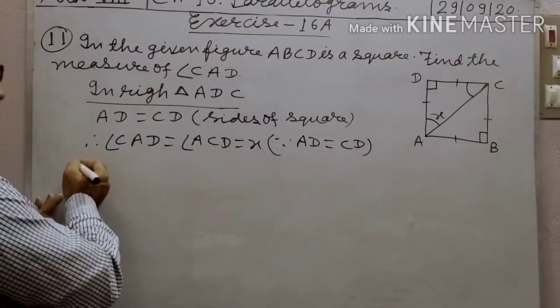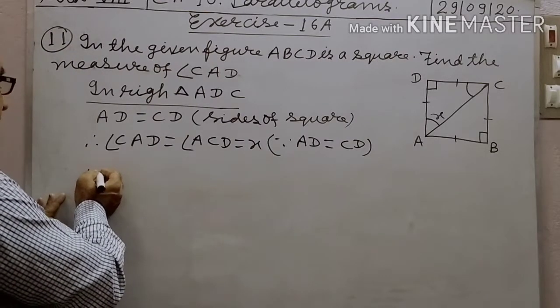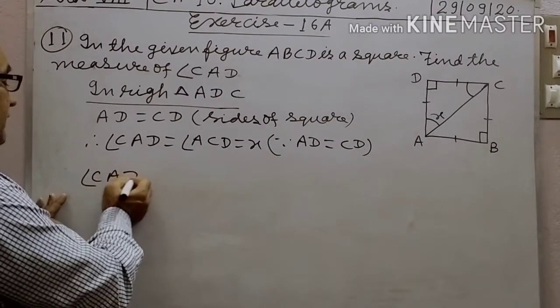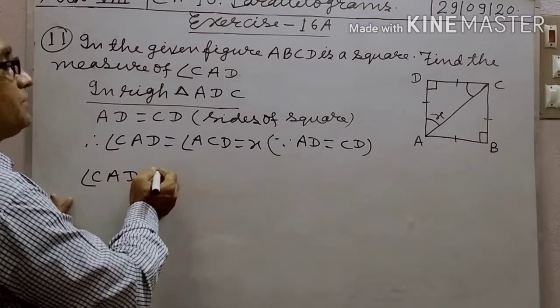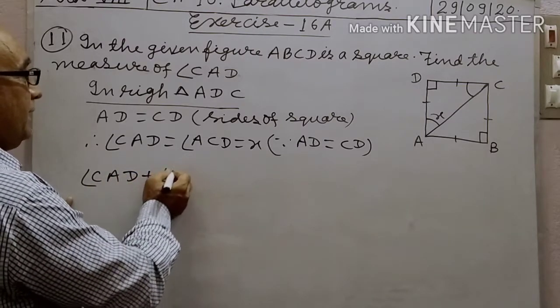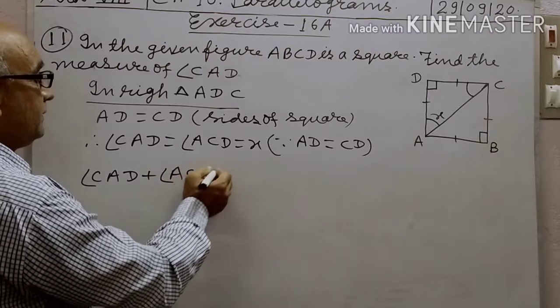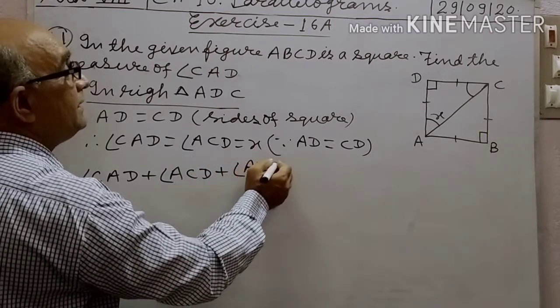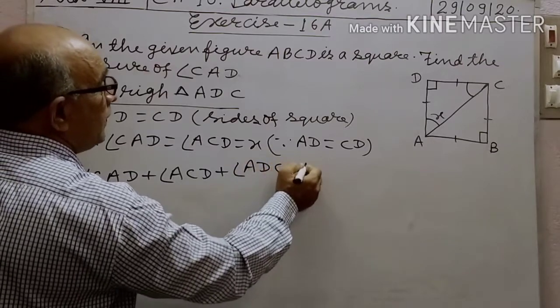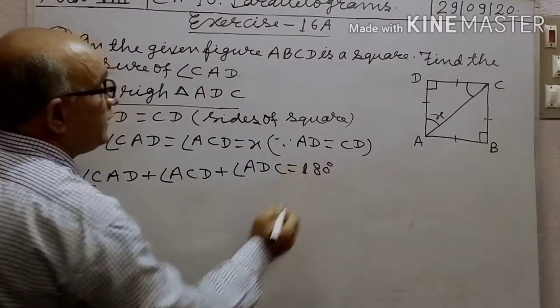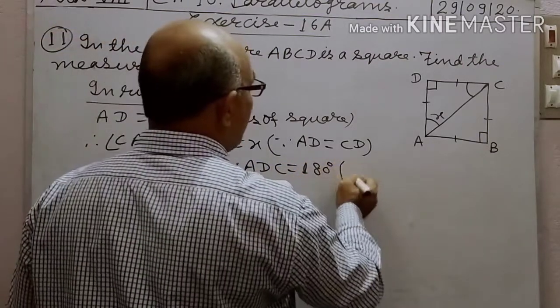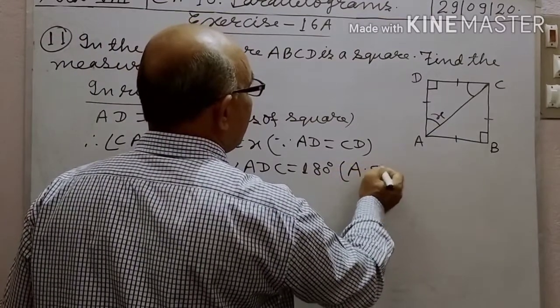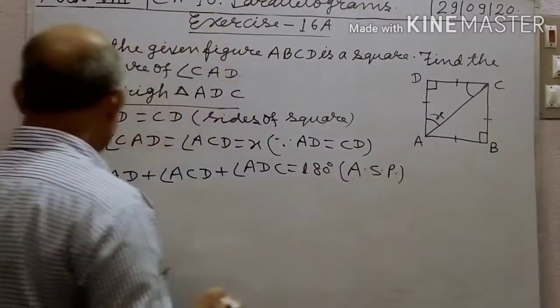Now angle CAD plus angle ACD plus angle ADC equals 180 degrees by angle sum property.